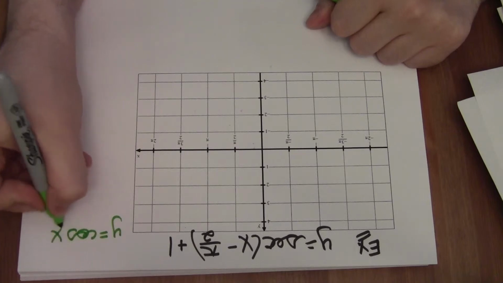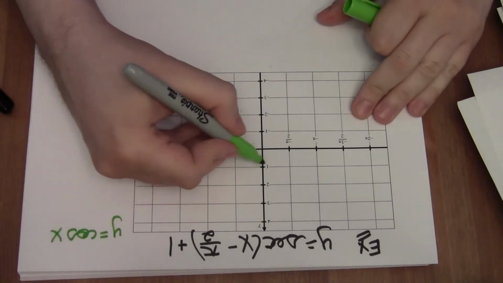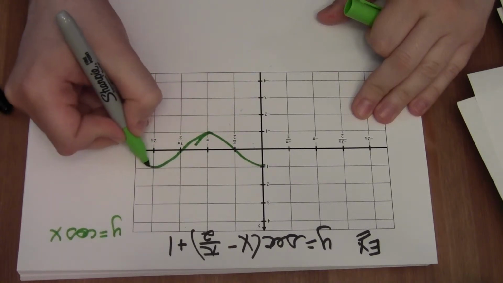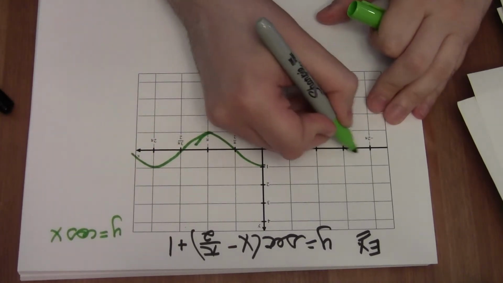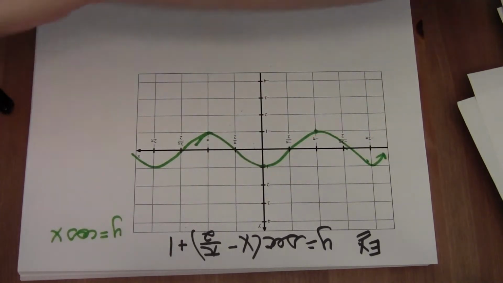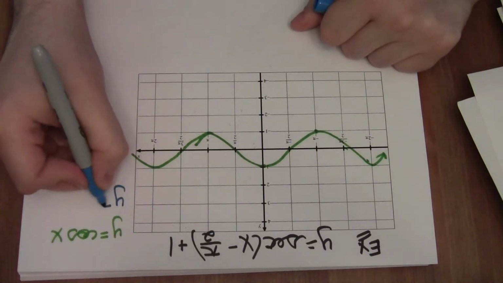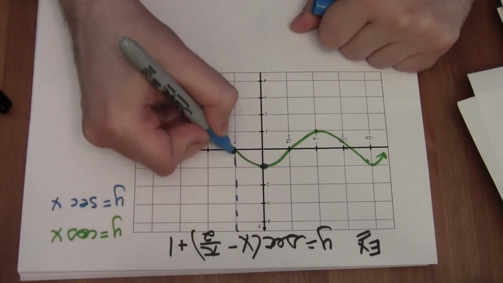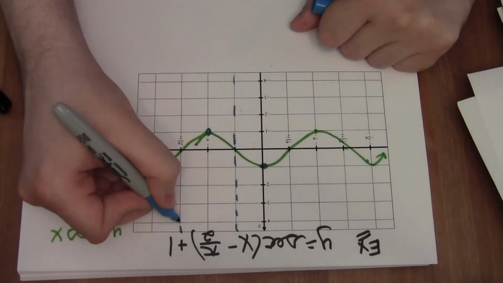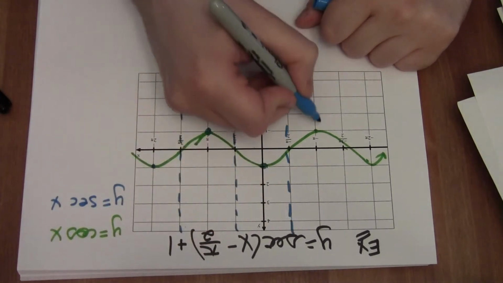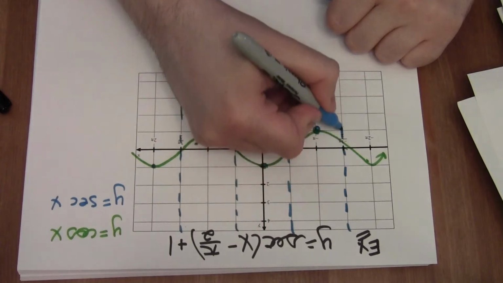So I'm just going to do y equals the cosine of x just to get a good start here. Doing my reciprocals to get y equals the secant of x, I get 1, vertical asymptote, -1, vertical asymptote, 1. Same deal continuing back in the other direction.